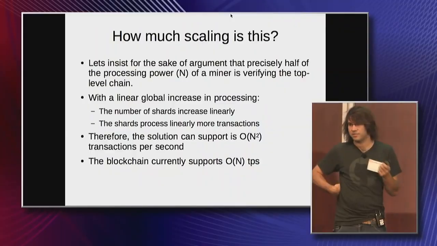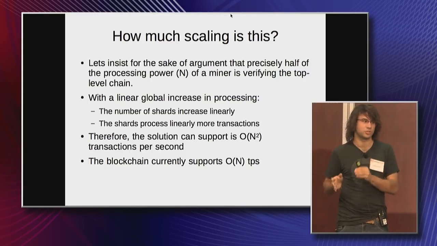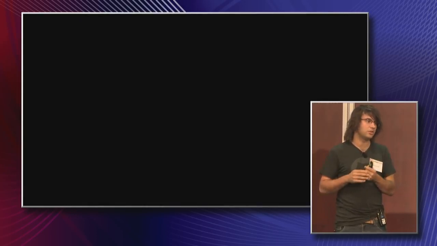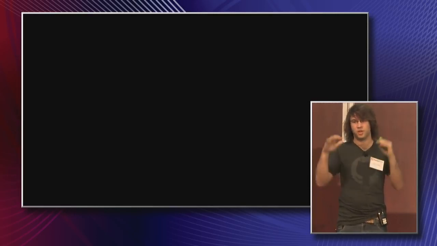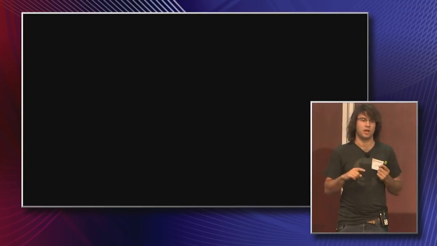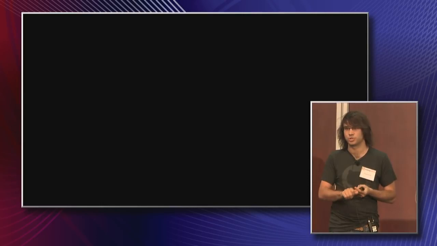If we assume that half of a node's processing and bandwidth capacity is going to validating the top level chain, and half is going to processing transactions on the shard, then a linear increase in everyone's computational power, if we increase the block sizes, will lead to a linear increase in the number of shards and a linear increase in the transactions per shard.